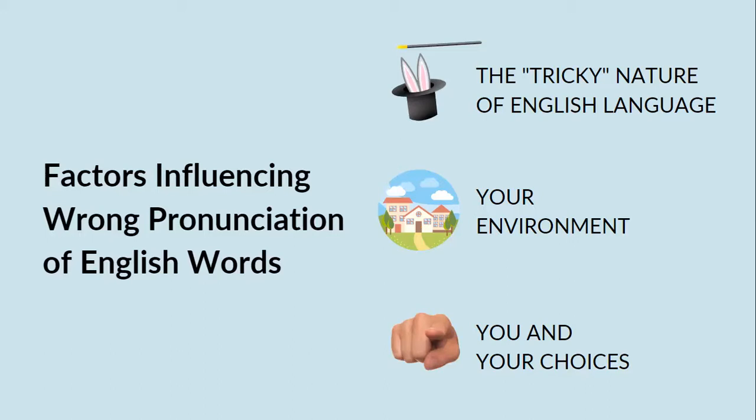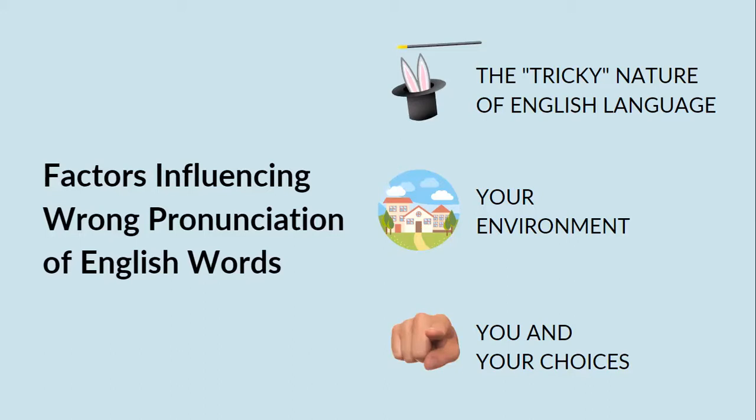Number 2 reason that people mispronounce words in English is the environment. So you will be mispronouncing words that are commonly mispronounced in your immediate environment. Now, this environment might be your physical location or online. It could be social media or mainstream media, TV, radio shows, here, there, and everywhere. You have your neighbors, your colleagues at work, people at the gym, maybe even your employees, your friends, your family, everyone around you.